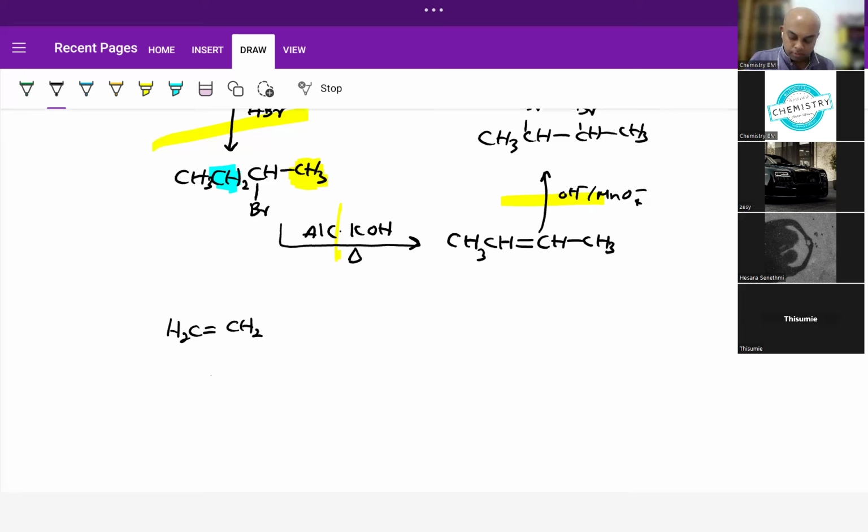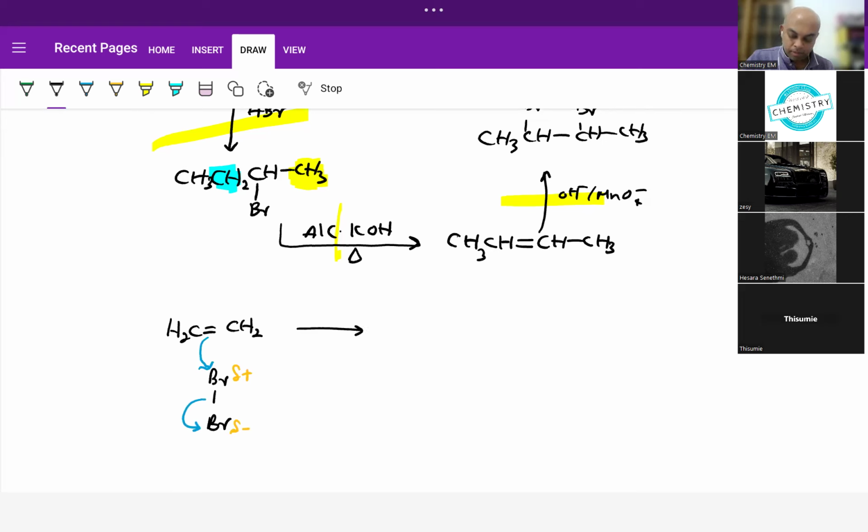That's good, right? So we have an attack here. Due to that, this will be polarized like this. And there will be a heterolytic cleavage towards this bromine atom.